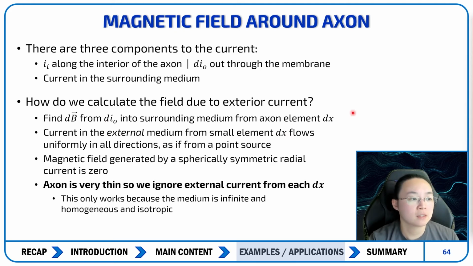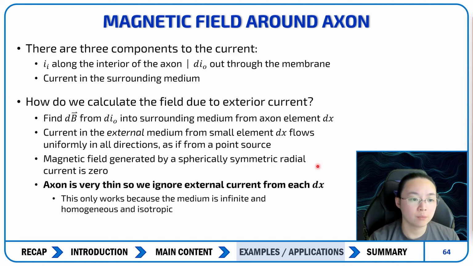So to summarize, the first part is to use the Biot-Savart Law to find dB from dI and from an axon element dx. And then we're going to find the current, and then calculate the magnetic field generated by a spherically symmetrical radial current. And that is going to be 0.